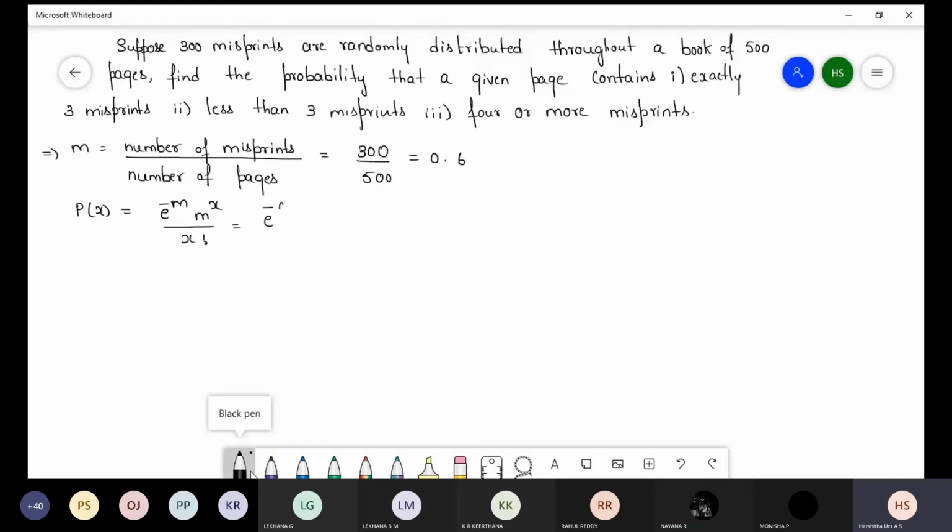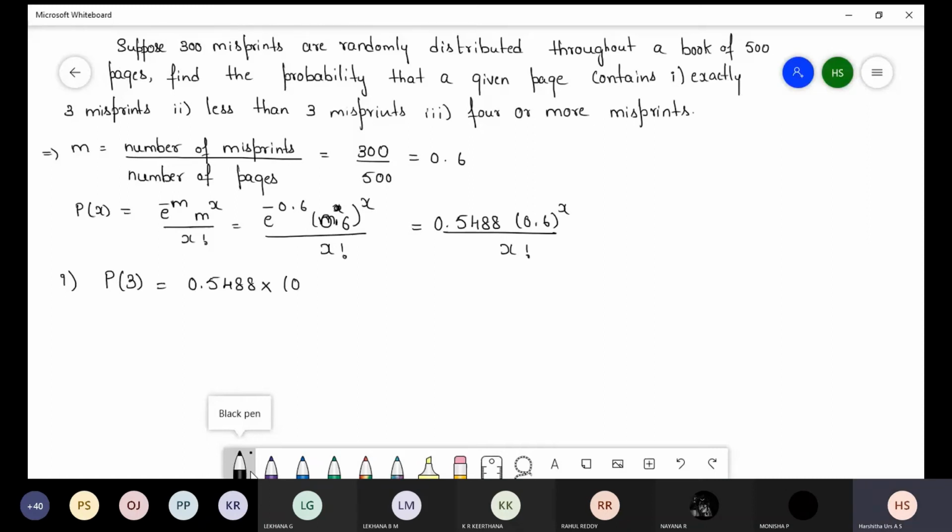So e power minus 0.6, 0.6 whole power x divided by x factorial. First one, 3 misprints. So P of 3 is 0.5488 into 0.6 whole power 3 divided by 3 factorial.